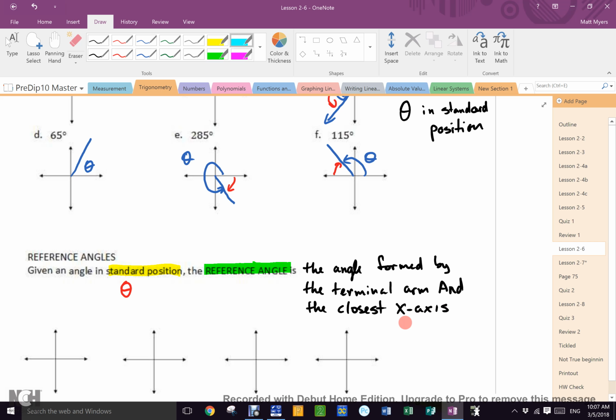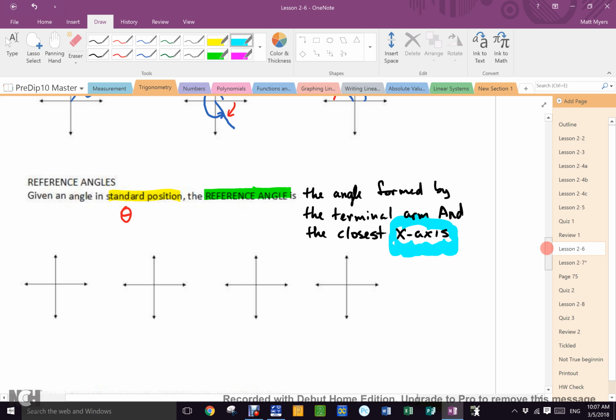Please do something to remind yourselves that it is the closest x-axis. We can use the y-axis to find angles, right? You've all seen that. But the reference angle is especially locked into the x-axis. Is everybody cool?